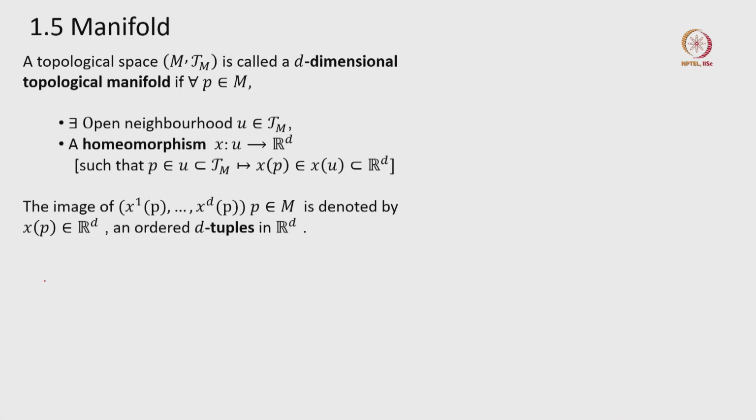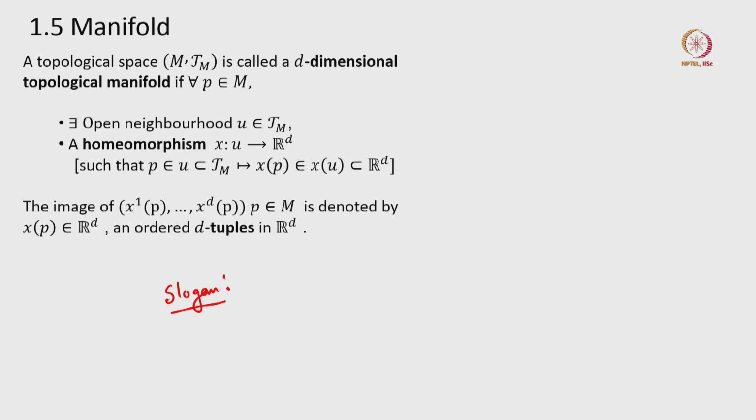Let me give you a punchline about manifold, or kind of an intuitive way to remember, which I am calling a slogan: a topological space in which we can define a coordinate, or you can even say the topological space which we can coordinatize, and we need a coordinate system to define all our mathematical formulas. So, that means the topological space in which we can define at least a local coordinate, that is very important.